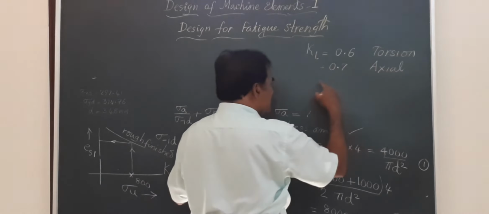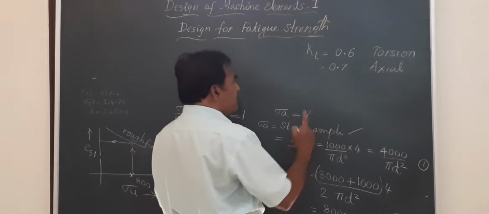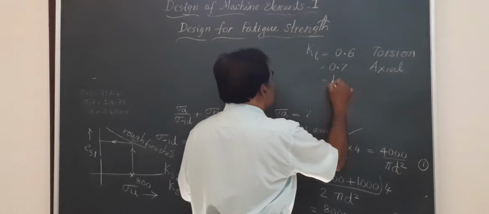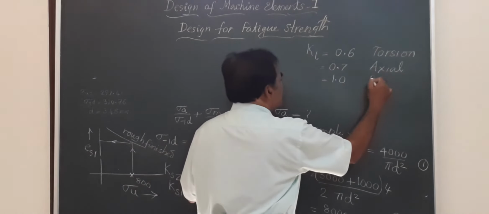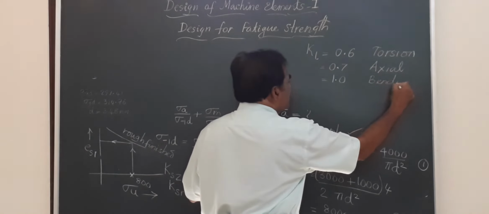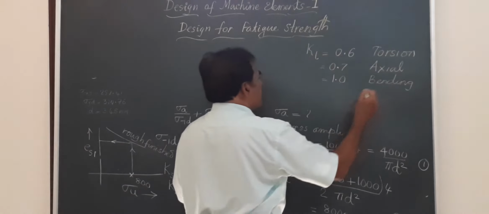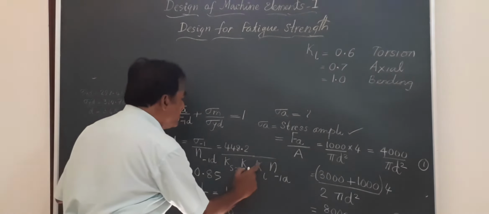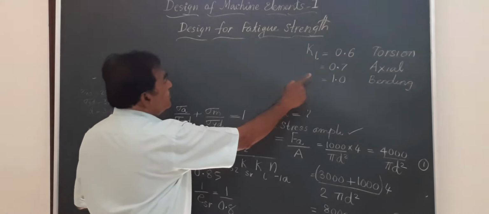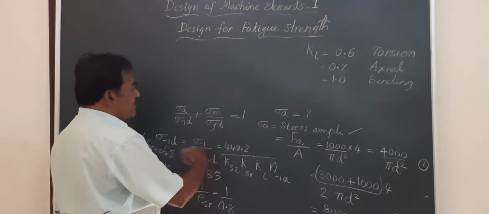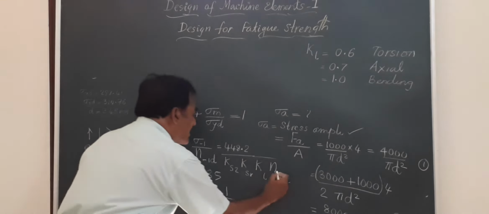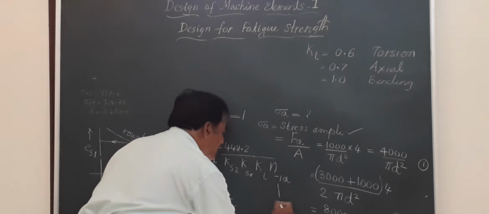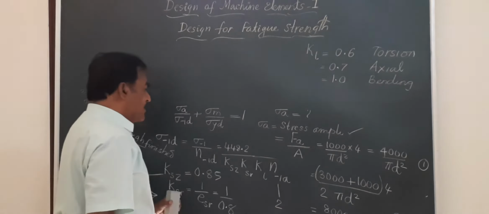So here we have to consider KL as 0.7 because the load is axial, and this is equal to 1 if it is the case of a fluctuating bending moment or a bending load. Hence here I am going to take KL is equal to 0.7 because the load is axial, and this n minus 1a is the factor of safety, that is given as 2.